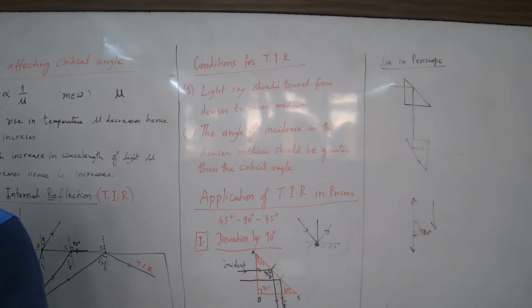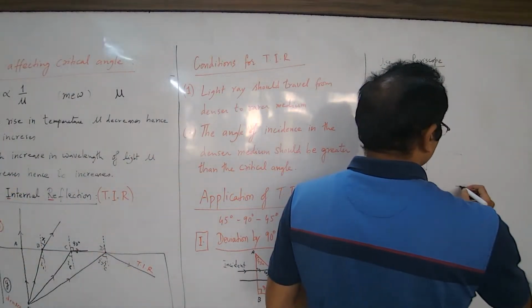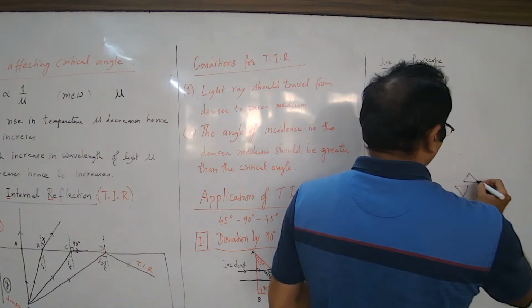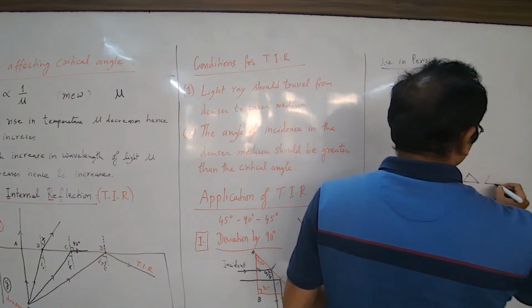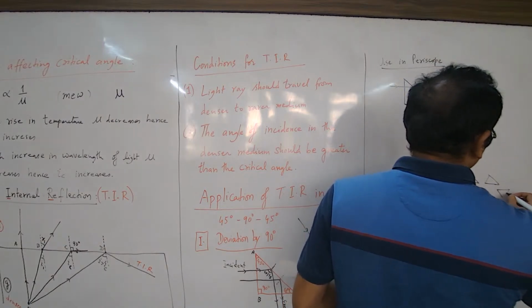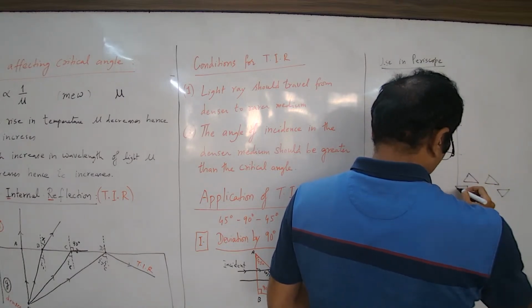So where is it used? It is used in binocular and camera. Okay, just remember it. In binocular, we'll use it like this, for one eye. So a distant object will come like this.